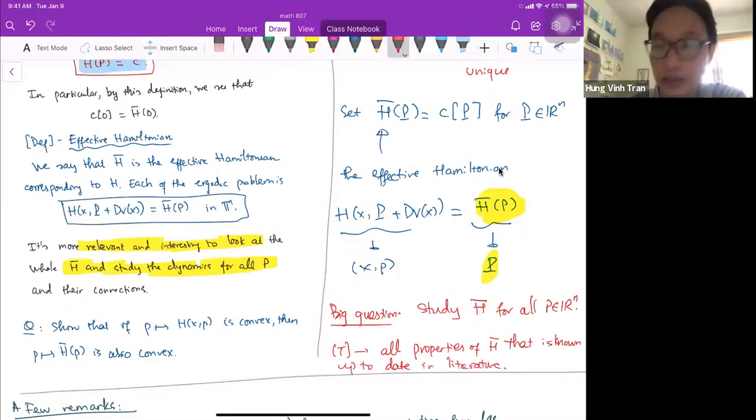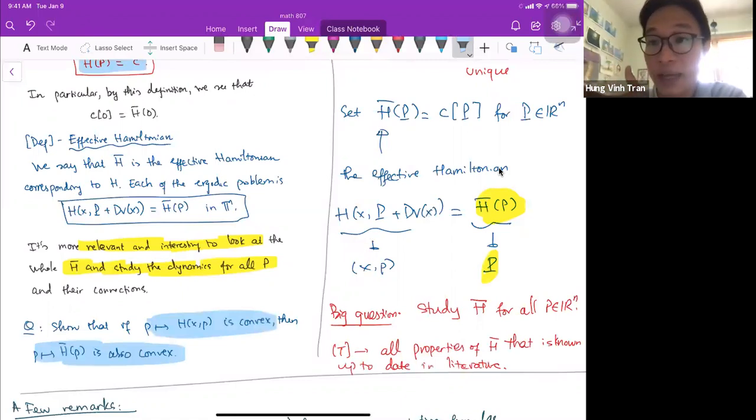And I can say it's not much, right? What we can prove here, for example, is that if H of p is convex, then the map h bar of p is convex. Understanding finer properties of h bar, where it's differentiable, where it's twice differentiable, what the singularity points are, and so on and so forth, is extremely hard.